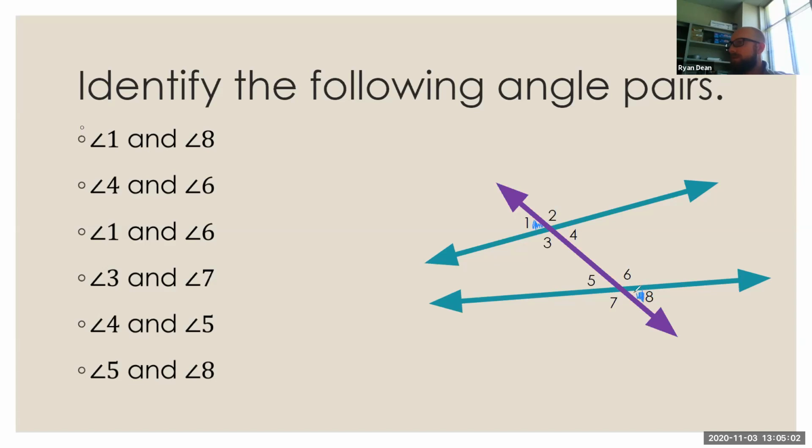This one's actually pretty easy because we just saw an example of this in the last slide. So this one is alternate exterior angles, because the 1 and the 8 are on the outside of the sandwich and they're on the opposite sides of the transversal.